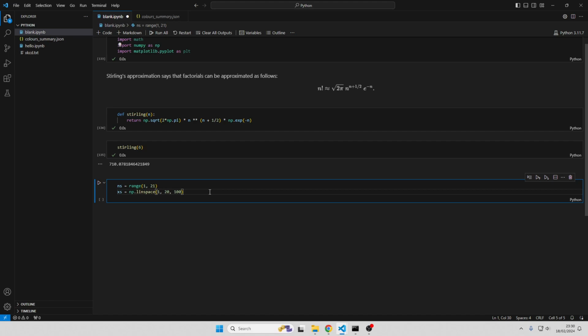So x's is going to be the equally spaced points from 1 to 20, a decent number of them, and then y's are just going to be the Stirling approximation applied to the x's. Okay, so now we're going to make a plot.